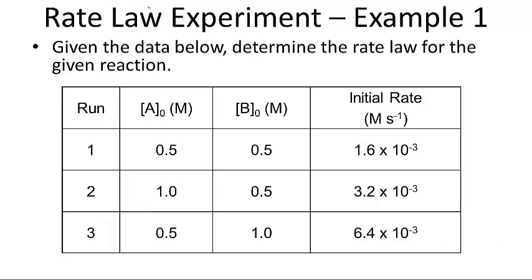Okay. So here is a rate law experiment where our reaction is, let's just say, A plus B makes AB. We're given this data below. We set our initial concentrations, and we measure the initial rate.